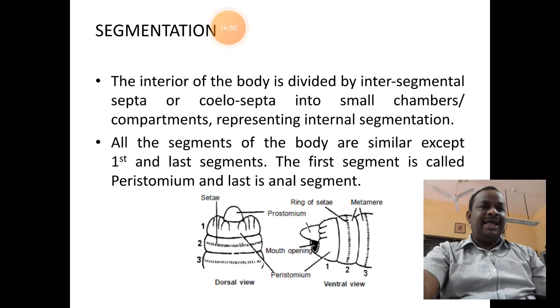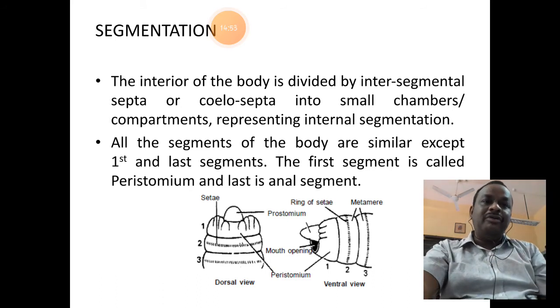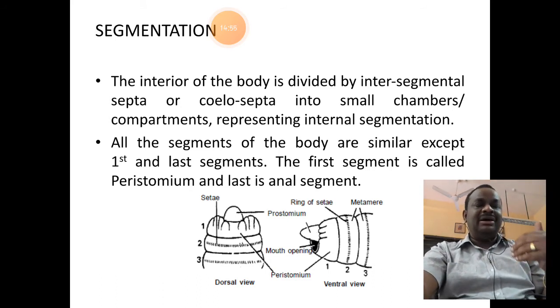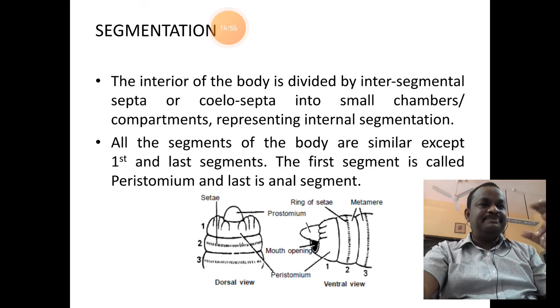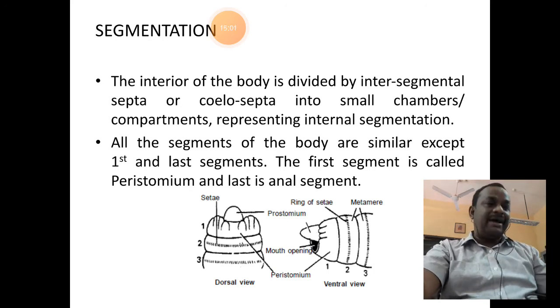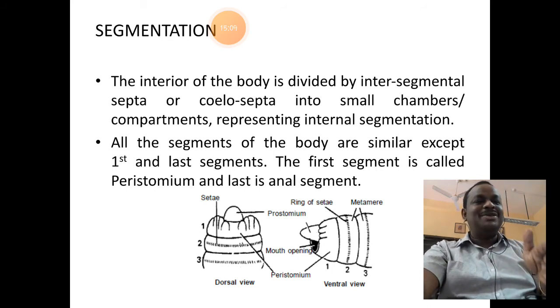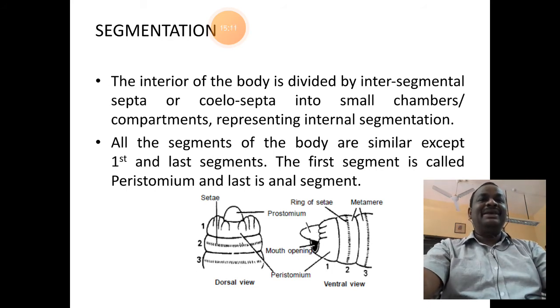As we have understood, the space between the outer body wall and the inner alimentary canal is called coelom. The coelom also gets divided here, and hence these septa are called coeloseptae. Septae which divide the coelom are called coeloseptae.